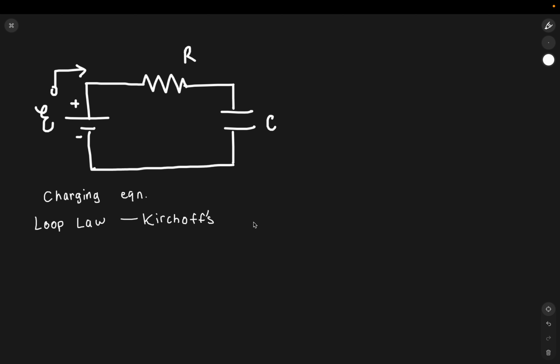Basically, what the law states is that around any closed loop, which is connected by a source of voltage or a source of electromotive force, the sum of the voltages will add up to zero.